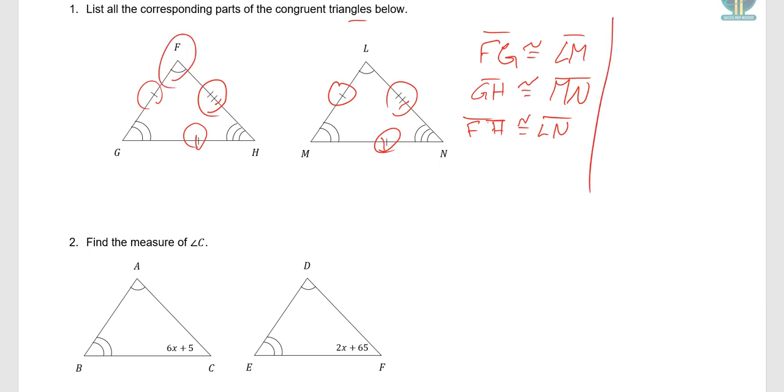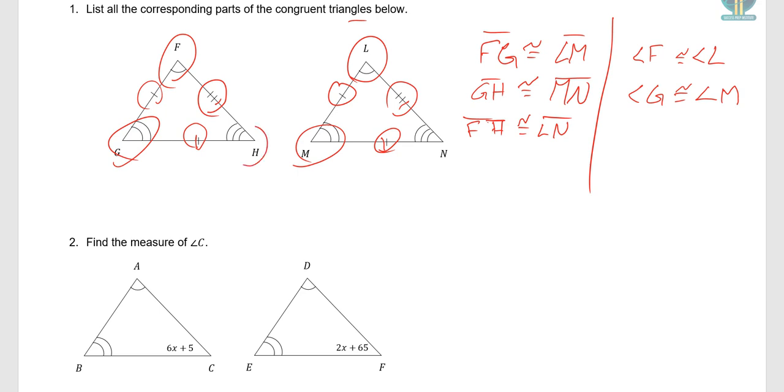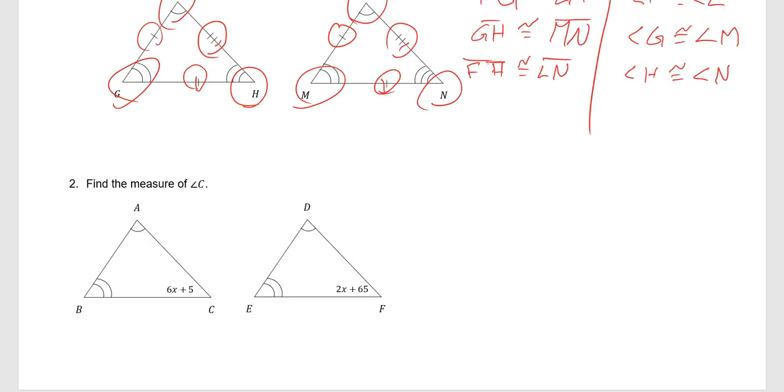So angle F is congruent to angle L. Angle G is congruent to angle M. And lastly, angle H is congruent to angle N. Okay? Second exercise, find the measure of angle C.